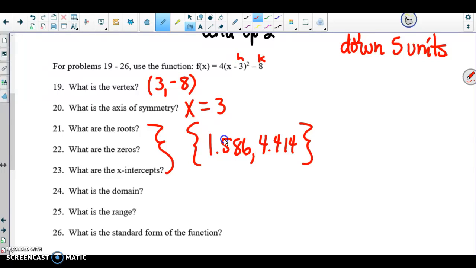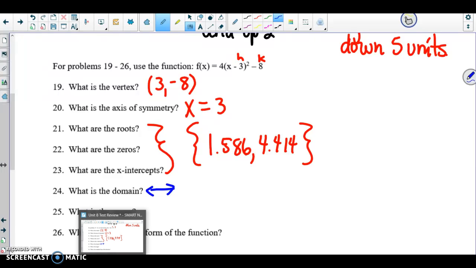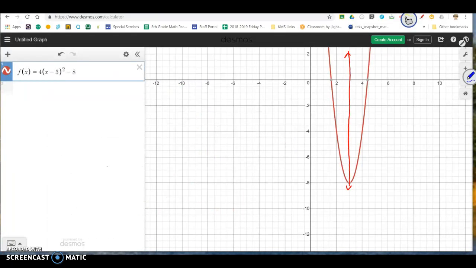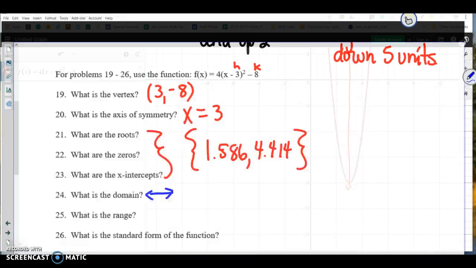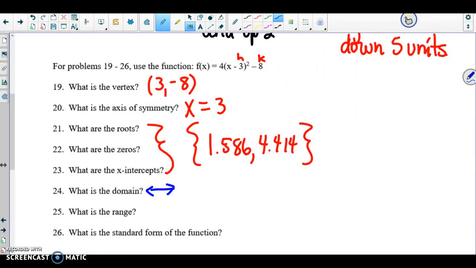Domain is how far out does my graph grow in the x part. So we're talking about x, how far out does it grow? Well, can it be stopped, basically? Well, it keeps going on forever because of that part. So the domain is going to be all real numbers because it keeps growing.